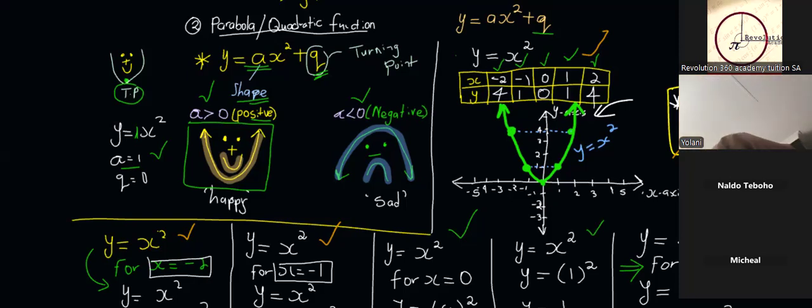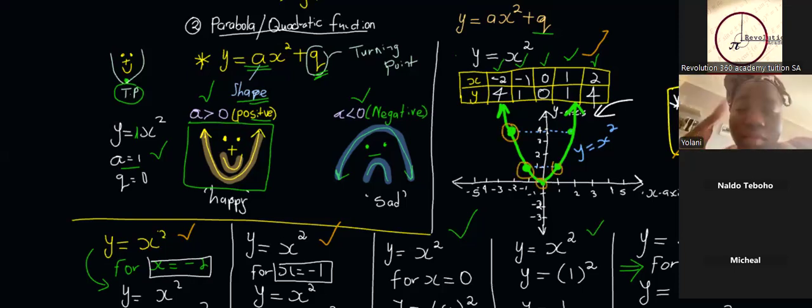We got this point, that point, this point, that point, as well as the last point. So the reason I taught you this method first is that it shows you all the points, and then it's easier for you to draw the graph accurately.